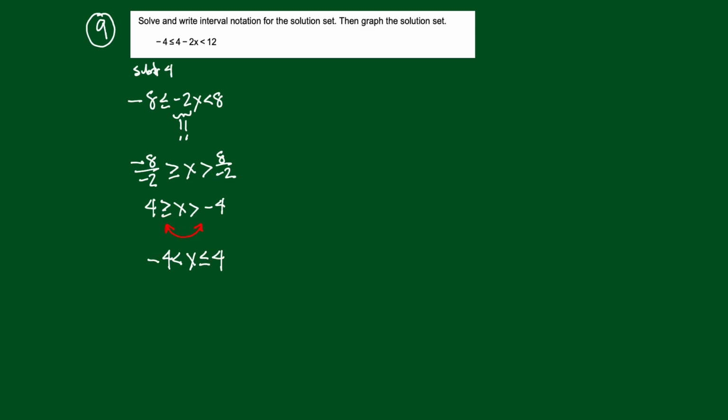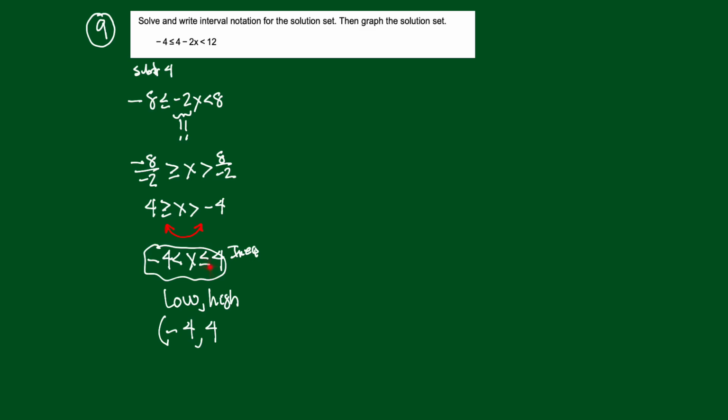Now this is okay, but this is inequality form. They're asking us to write interval form. Interval form goes from low to high. The low here is negative 4, comma, the high is positive 4. For the negative 4, strict inequality is not included, so parentheses.